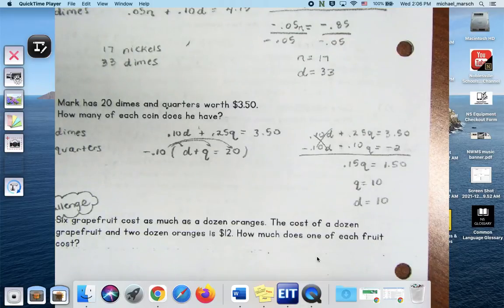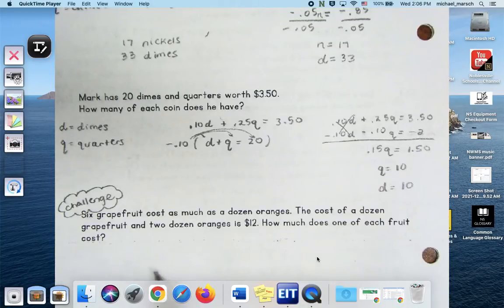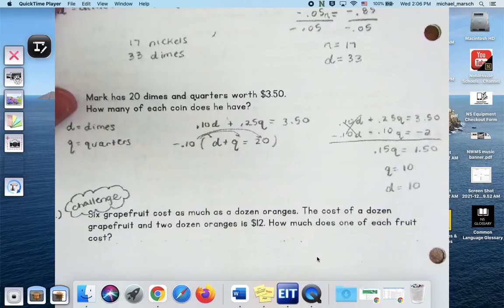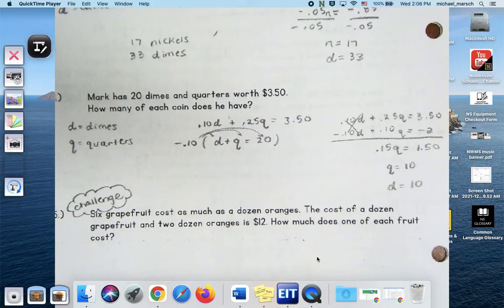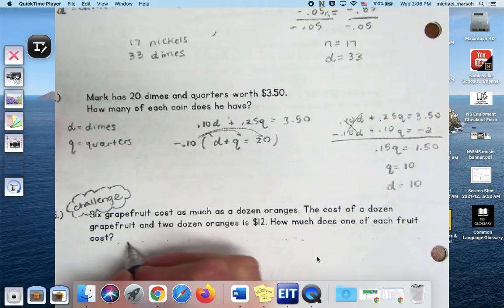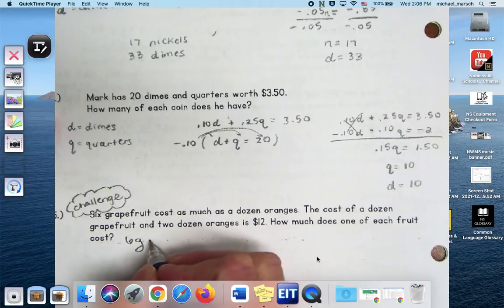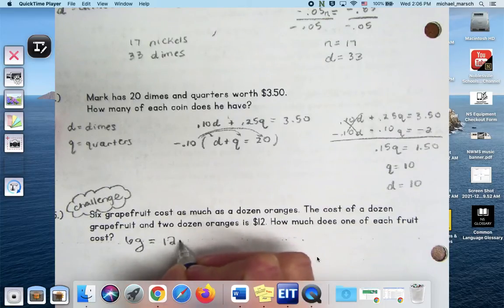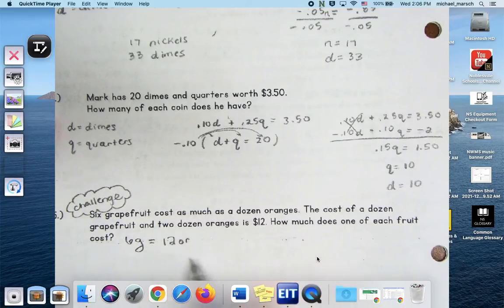Don't stress out. Okay. 6 grapefruit cost as much as a dozen oranges. The cost of a dozen grapefruit and 2 dozen oranges is $12. How much does one of each fruit cost? Okay, so we know 6 grapefruit equals 12 oranges, and I'm going to use OR for oranges.